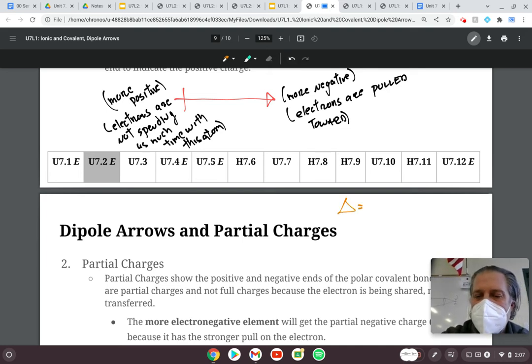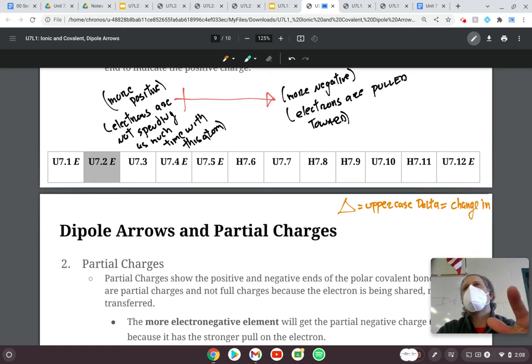This is uppercase delta, which means change in something. We learned about it in the beginning of the school year when we talked about slope, where it was delta y over delta x, change in y over change in x.